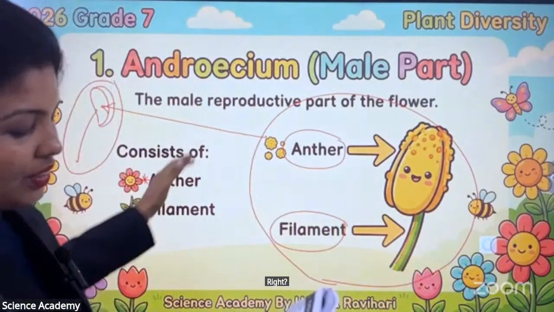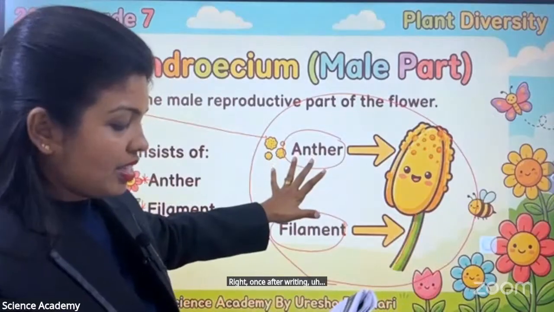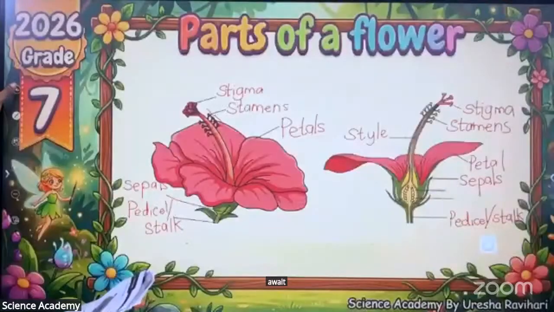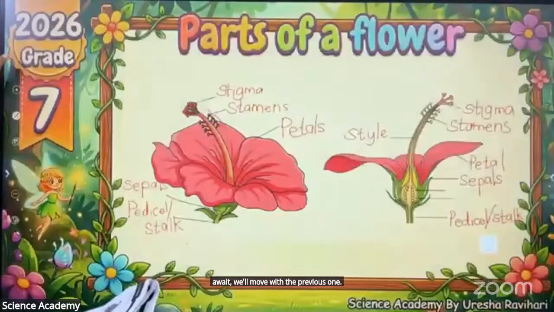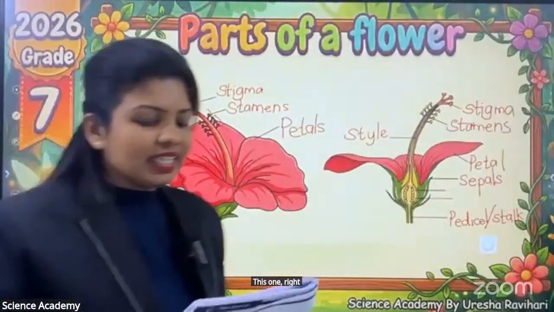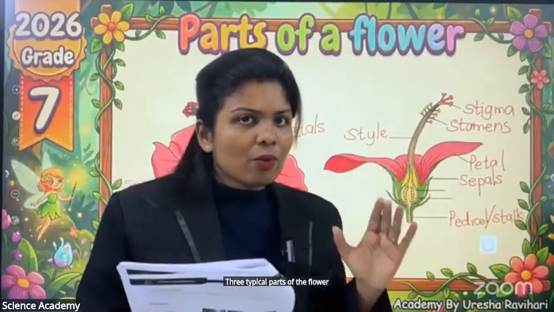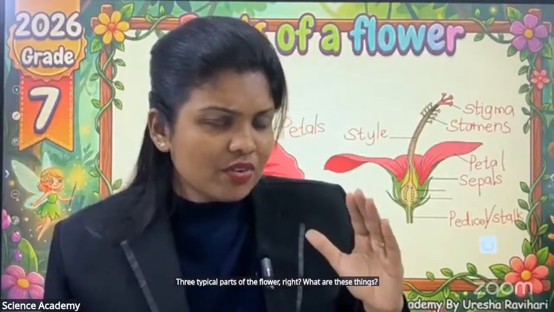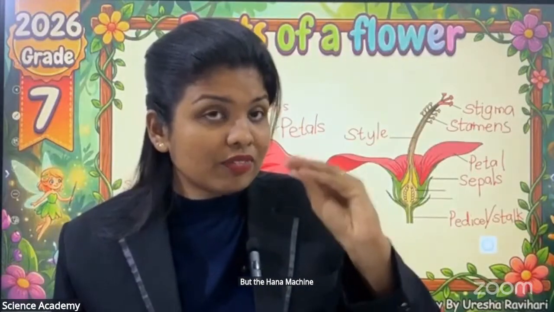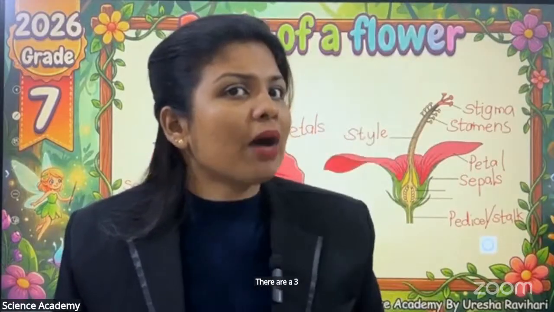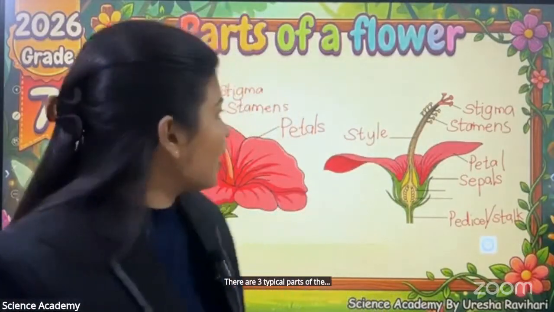Wait, we'll move with the previous one. This one, right? Children, there are three typical parts of the flower, right? Mainly the flower is divided into three parts. There are three typical parts of the flower, right?